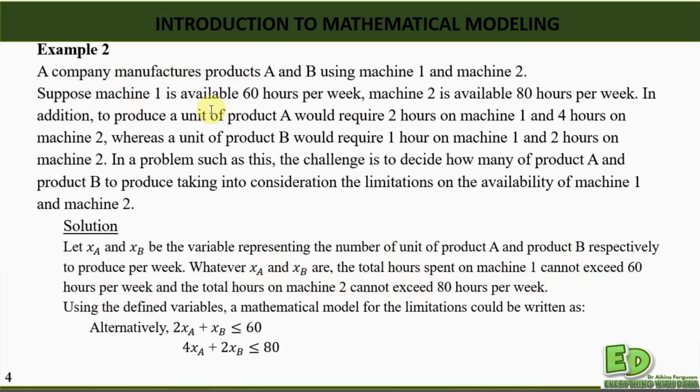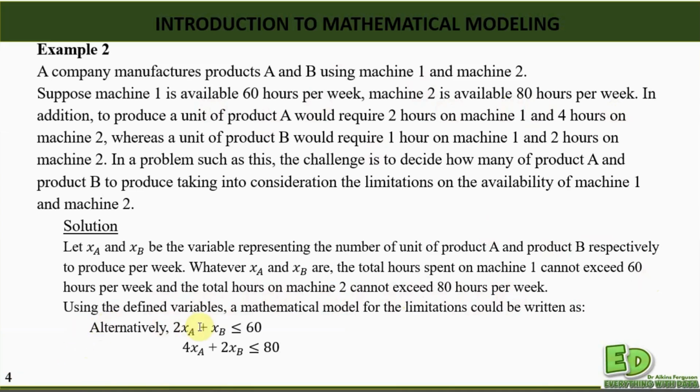That is the available resource that you have with respect to the labor, let's say hours per week, or the labor hours. It is 60 hours. So it is less than or equal to, so it cannot exceed 60 hours per week. And the total hours on machine 2 cannot also exceed 80 hours per week, right? So machine 2 is available 80 hours per week.